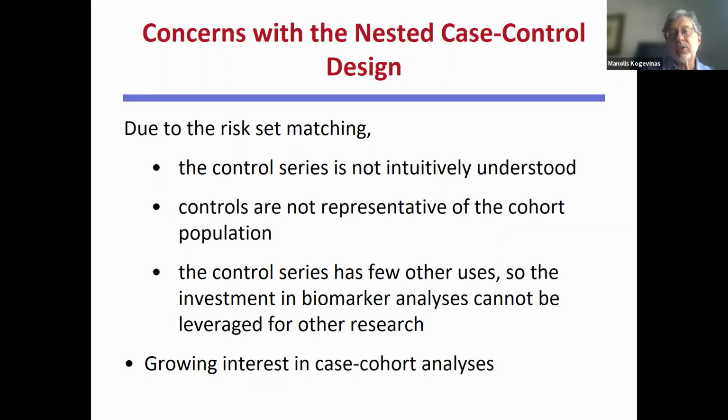And then the control series, precisely because they're selected for a specific disease, you cannot use them for other things. So you do all this effort, all this analysis, and they are selected from a risk set. It's not easy to use them for another disease.